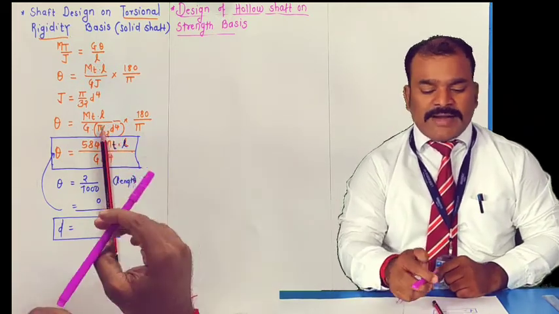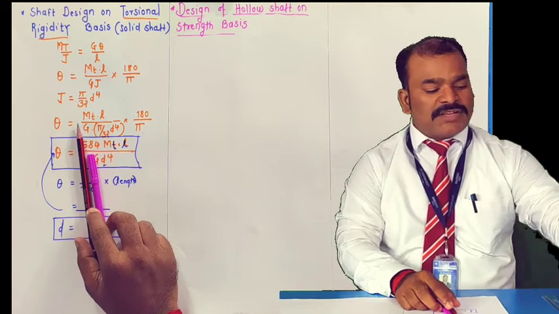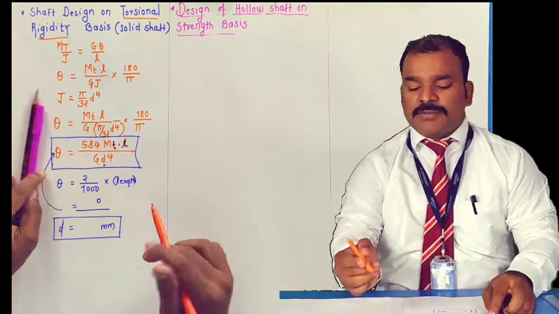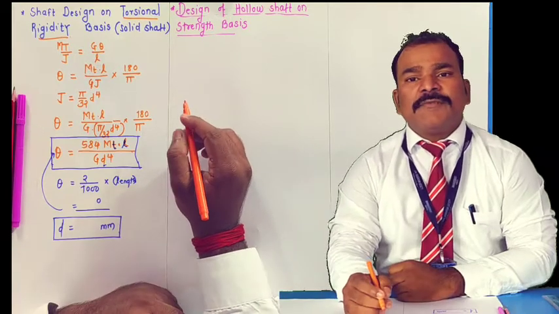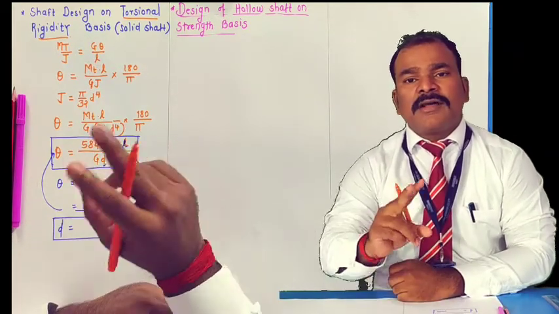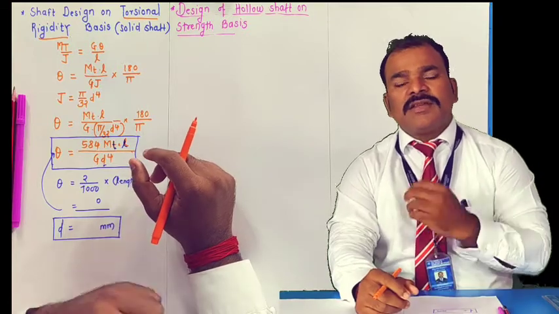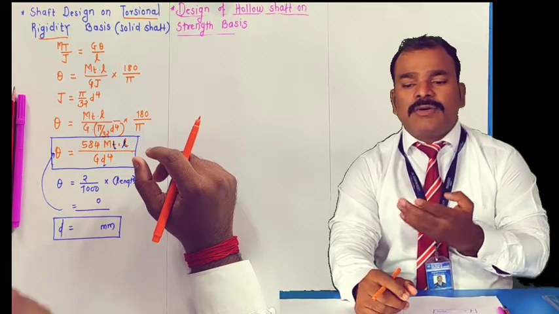So as per the title I have written over here, design of the hollow shaft on the basis of strength. A hollow shaft means there are two diameters, one inner and another outer.